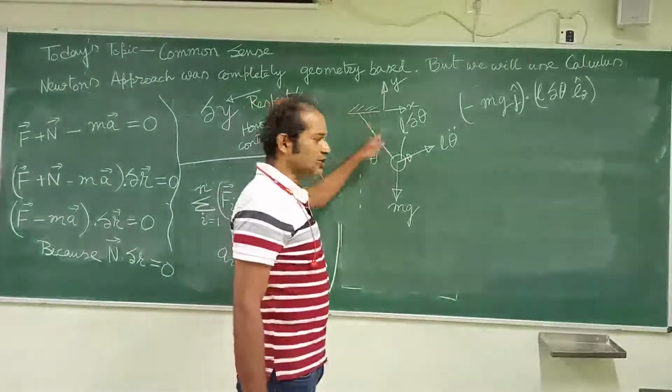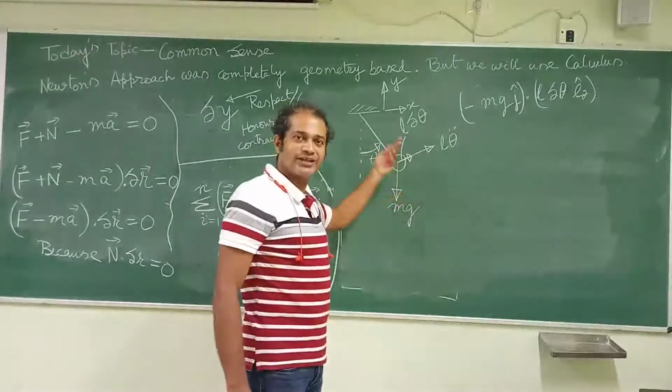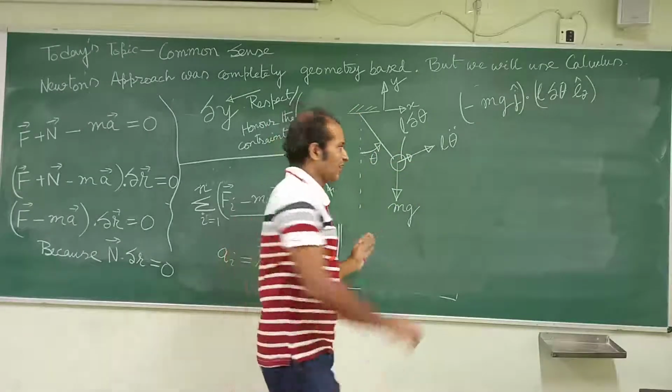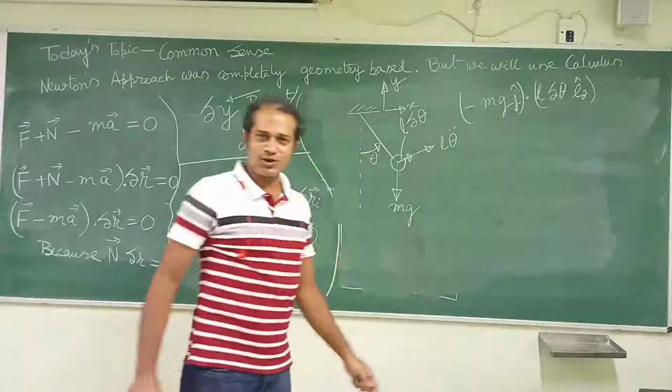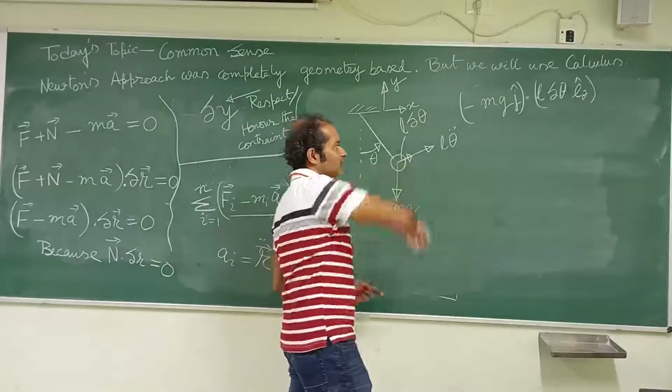This is the work done by the external force. I don't care about the constraint force. I am not dissecting this body. Let it be there. I am going to move along the generalized coordinate, or along the degrees of freedom, so this is my theta direction.